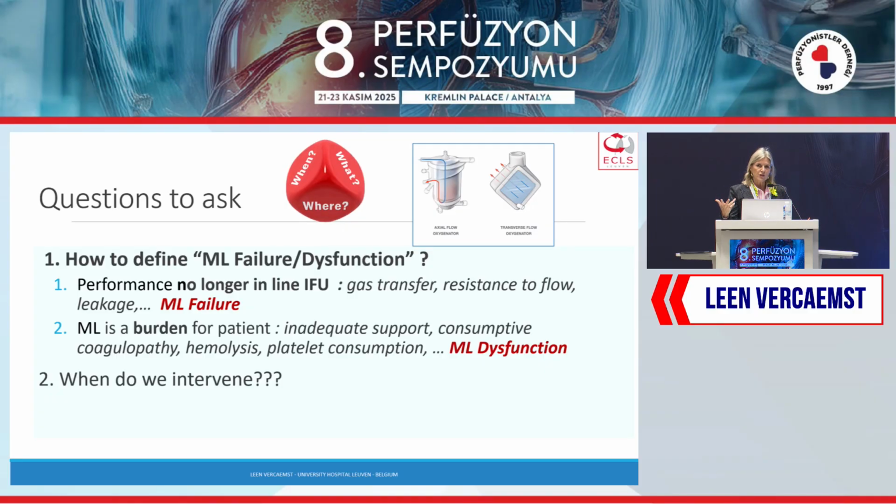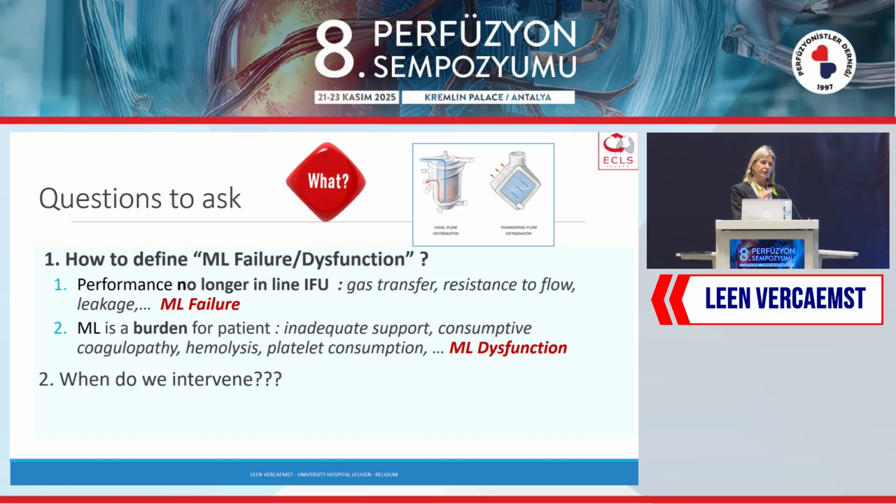If the performance of your oxygenator is just no longer in line with your information for users, with respect to gas transfer, resistance to flow, leakage, we should call it membrane lung failure. But if the membrane lung is still functional, but is becoming a burden to the patient, because of inadequate support, consumptive coagulopathy, hemolysis, platelet consumption, we should call it membrane lung dysfunction.